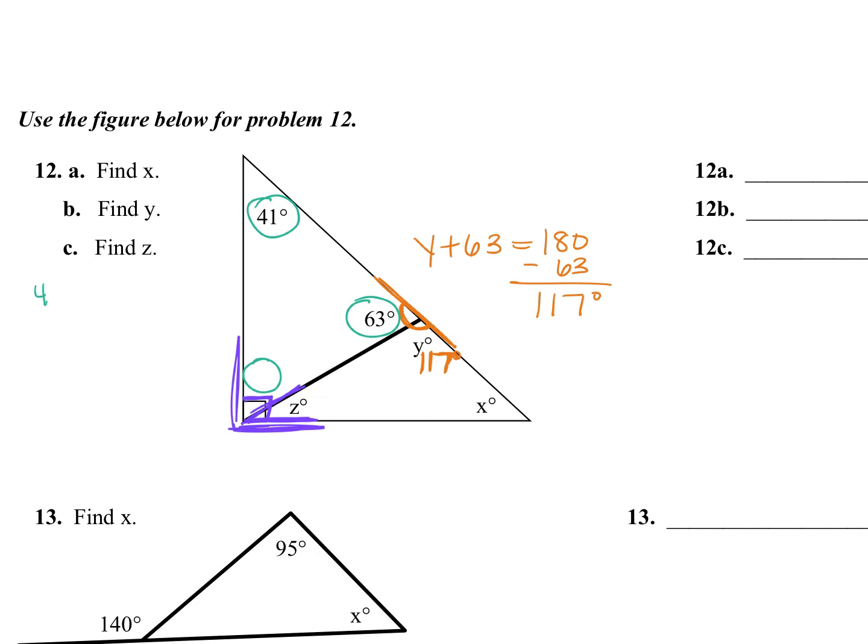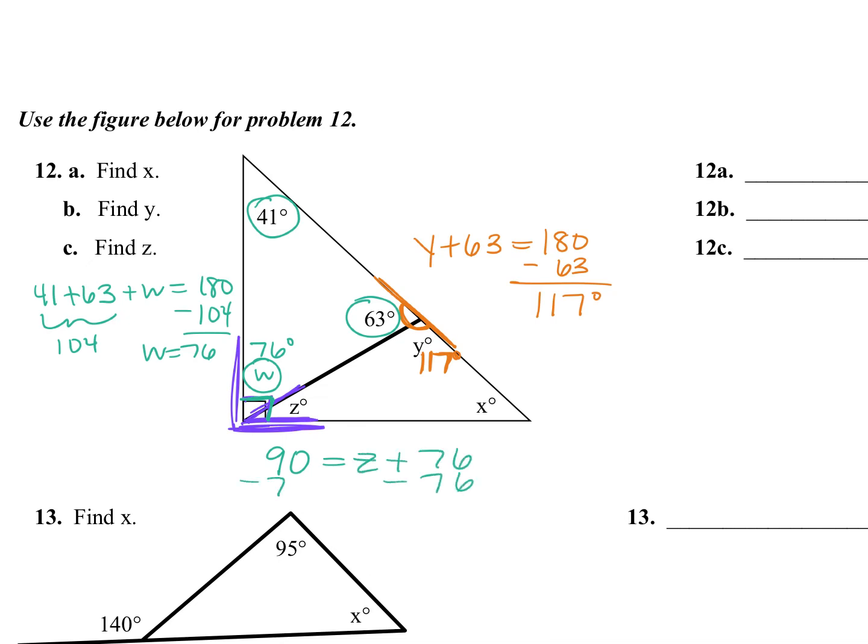So 41 plus 63, I'm going to call this W for now, plus W should equal 180. So this is 104. We're going to take away 104, and we get W is 76. Okay, so that angle is 76, and if I know the whole thing is 90, then 90 is going to be Z plus 76. So take away the 76, and you get Z is 14.